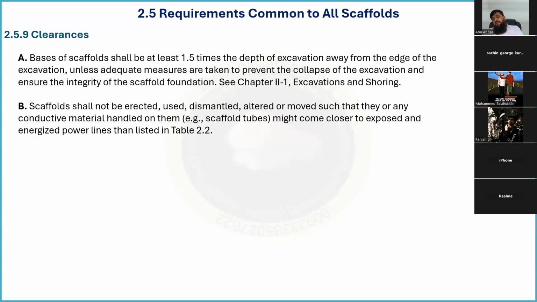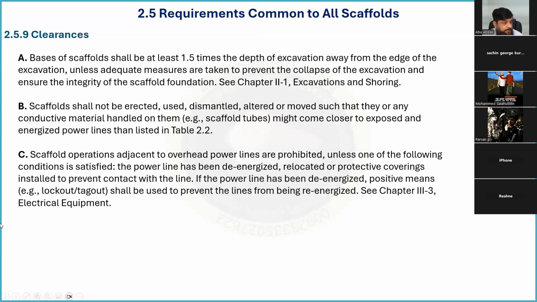As they were raising it, it went a little bit up, and the guy, with the support of the guardrail, pushed it down, so it became straight and horizontal, and it reached near the power line and they arced. He was seriously electrocuted. So we have to look at what material we are going to handle as well.